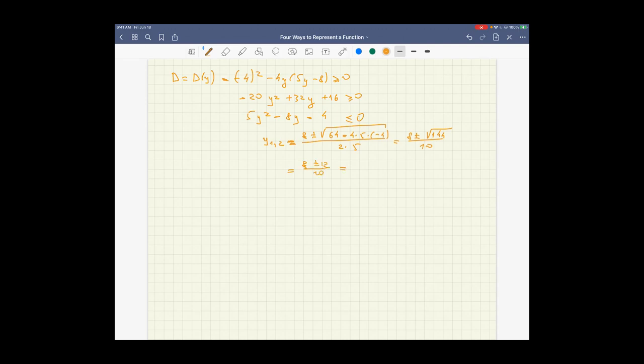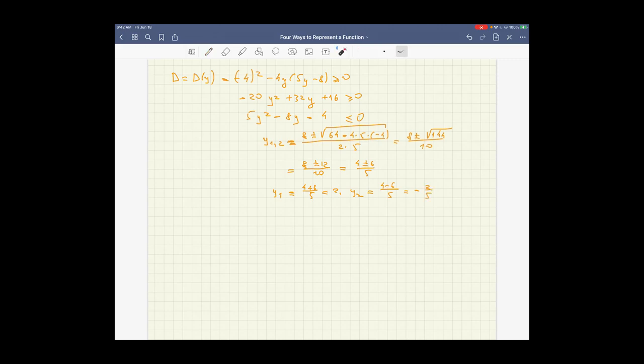And when you divide this by 2, you get 4 plus minus 6 over 5. So one root is therefore 4 plus 6 over 5, which is 2. And the other root is 4 minus 6 over 5, which is negative 2/5.